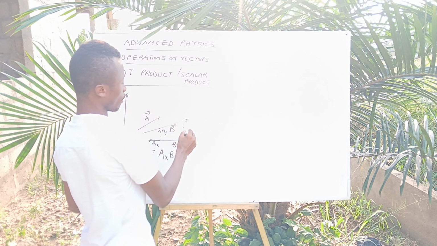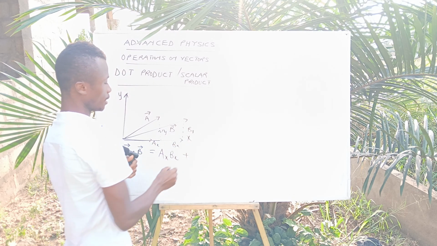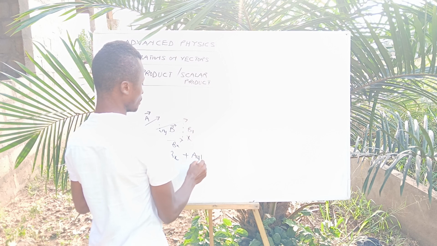You multiply by the y component of B, which is BY. You have AY times BY.